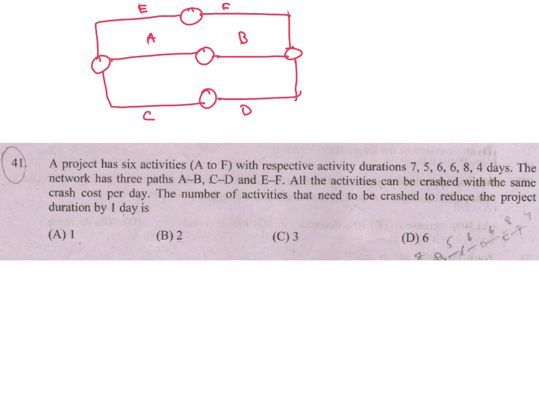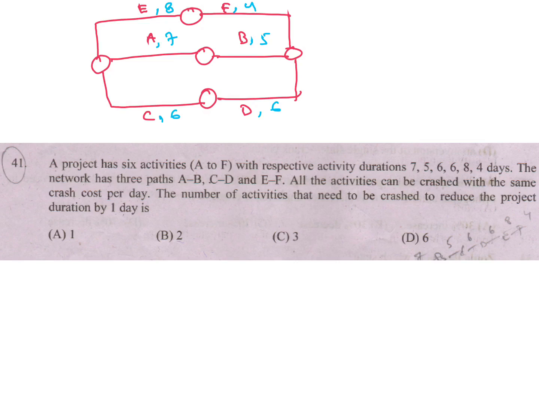Durations are A 7 days, B 5 days, C 6 days, D 6 days, E 8 days, F 4 days. So all are taking the same time on each path. 8 plus 4 is 12, 7 plus 5 is 12, and 6 plus 6 is 12. All three are taking the same time.